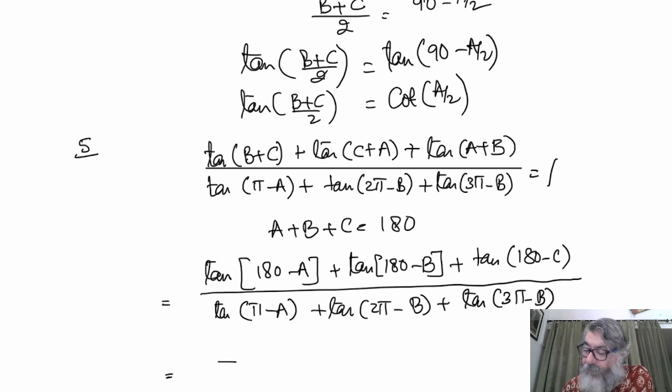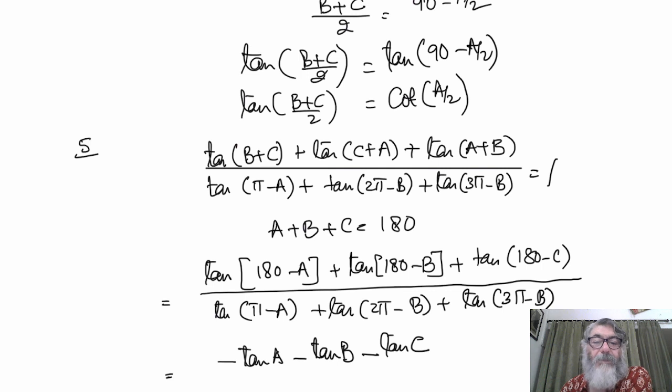So it will become minus tan A. Similarly, this will become minus tan B, and minus tan C, with the same logic. Whether it is 180 minus B or 180 minus C, it will come in the second quadrant, and in the second quadrant only sine and cosec are positive. The rest are negative. In the denominator, tan(pi minus A) is of course minus tan A.